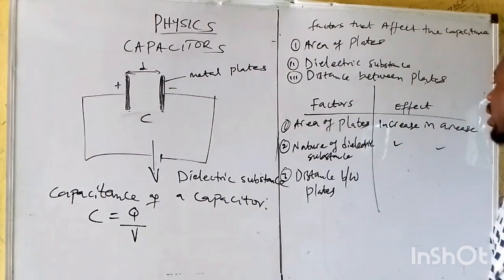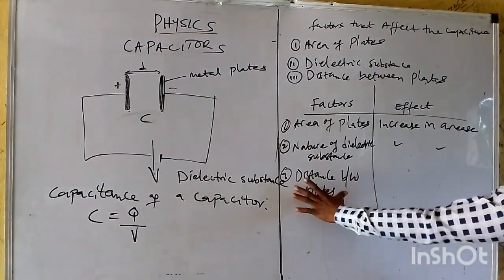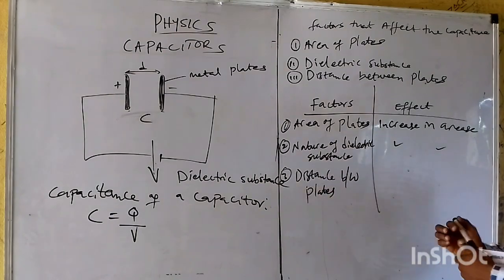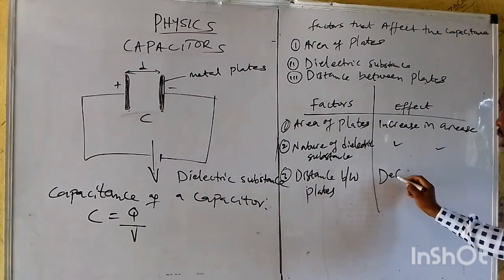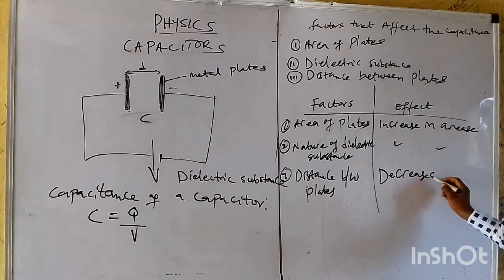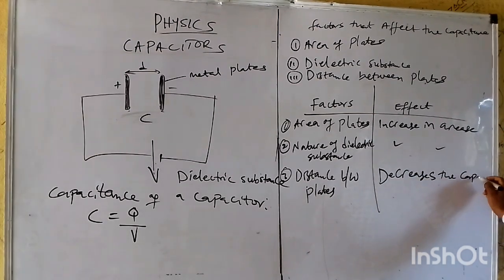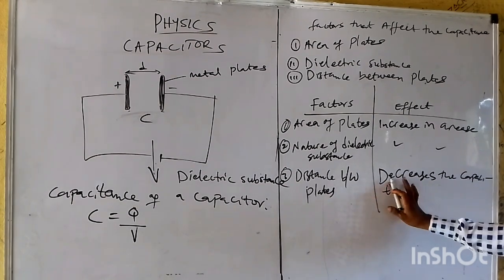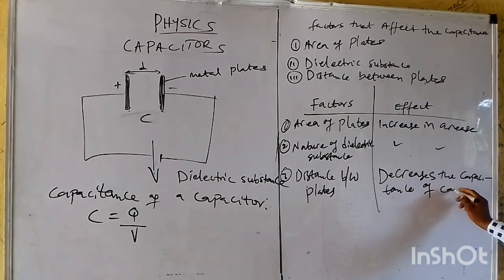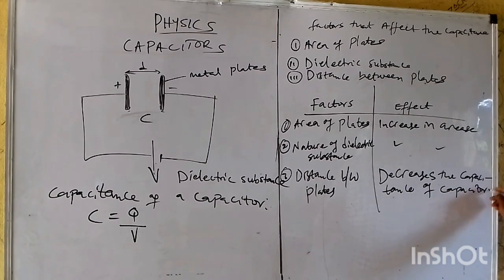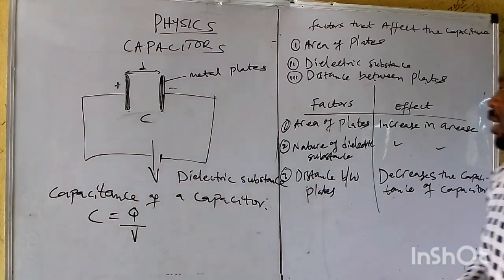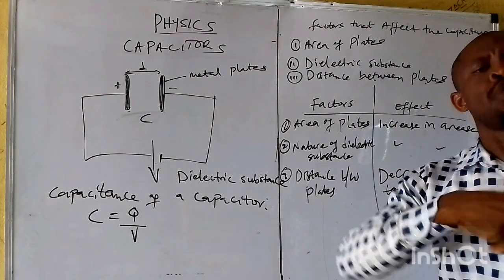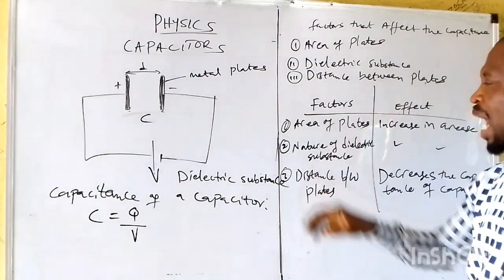In other words, increase in distance between plates decreases the capacitance of the capacitor. If you answer it like this, I assure you, you will get the full mark.